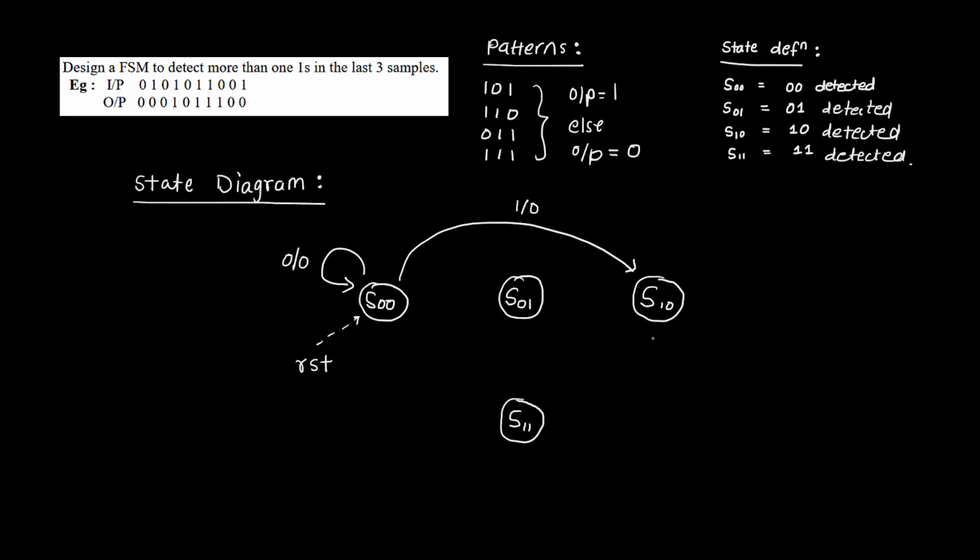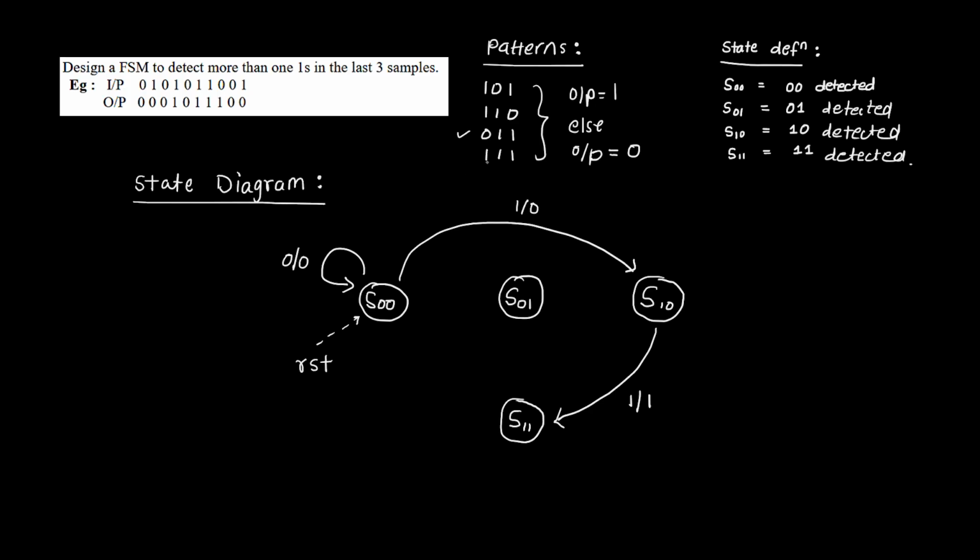If another 1 comes, then it will move to S11, in which case the output will be 1, because 0, 1, 1 is detected. So what I am doing is, based on the current input, I am transitioning my states. So 0, 1, 1 is completed.